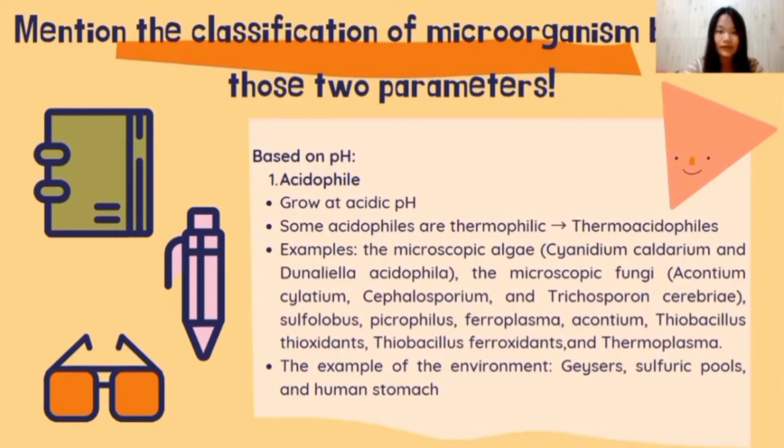Examples of acidophiles are microscopic algae such as Cyanidium caldarium and Dunaliella acidophila, and microscopic fungi such as Acontium velatum, Cephalosporium, and Trichosporon cerebriae. Others include Sulfolobus, Ferroplasma, Acidithiobacillus thiooxidans, Thiobacillus thioparus, and Thermoplasma.